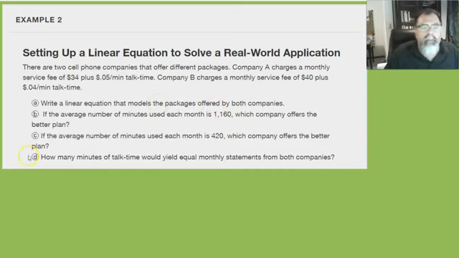All right, let's start with part A. Write a linear equation that models the packages offered by both companies. So Company A charges, we'll call A the cost.